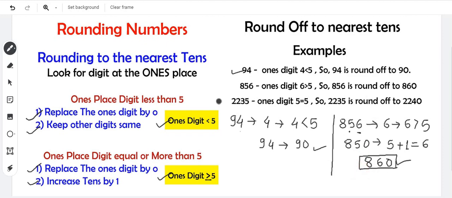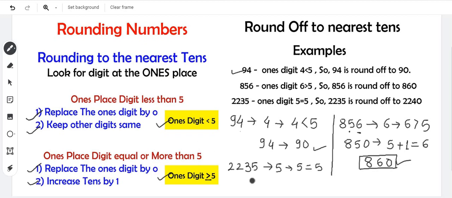Let's come to the last example. 2235. In this example, first we look for the digit at the ones place, which is 5. Let's compare it. 5 is equal to 5. It comes under the second condition.